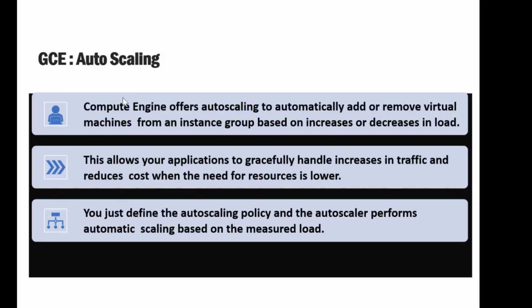That's why it is given here that Compute Engine offers autoscaling to automatically add and remove virtual machines from an instance group based on increases or decreases in the load. This allows your applications to gracefully handle increases in traffic and reduces cost when the need for resources is lower.